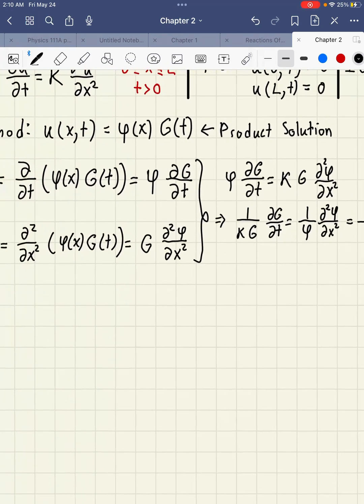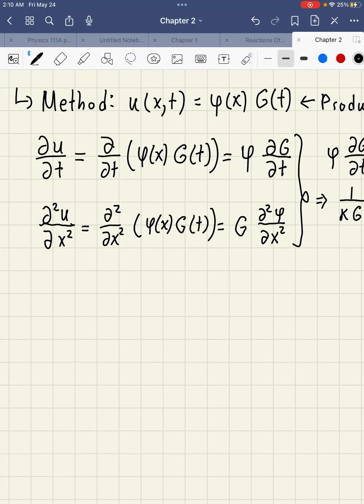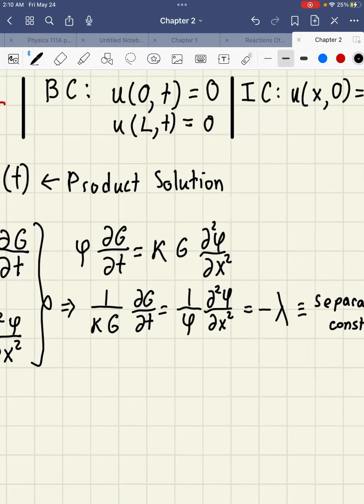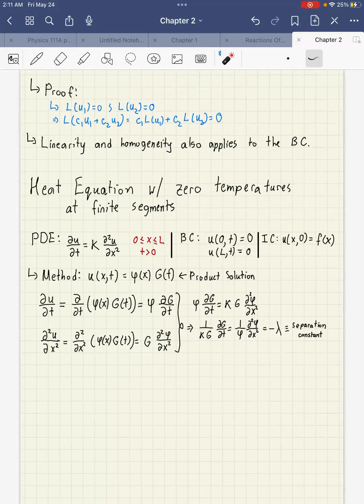Now, having all of these, I can separate my PDE into this format. Since on the left side I'm considering the partial derivative with respect to time, g is only composed of time, no other variable. So I can write an ordinary derivative instead of partial, because in this case both will be the same thing. Similarly here, since my phi is only a function of x, and I'm taking derivatives with respect to x, it's going to be an ordinary derivative.